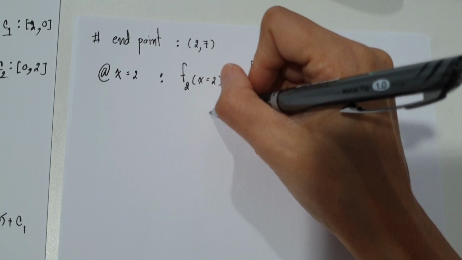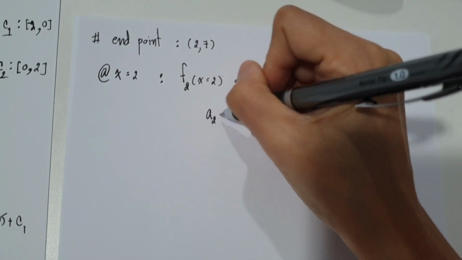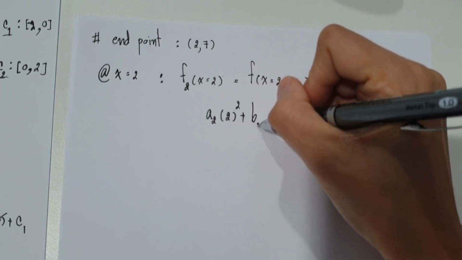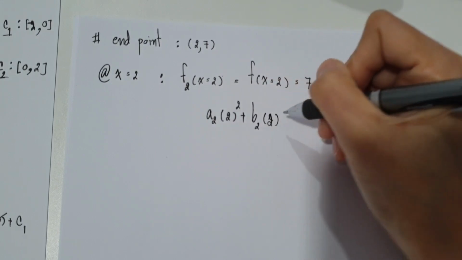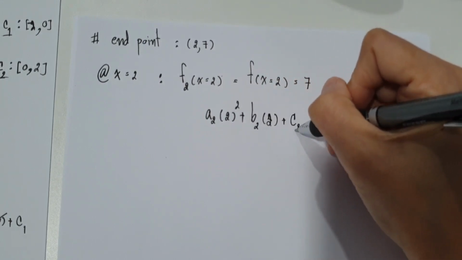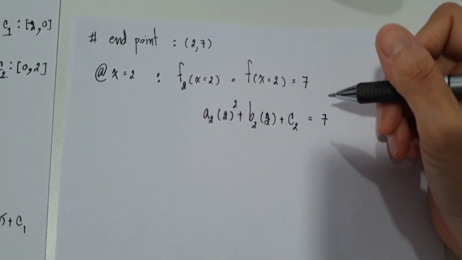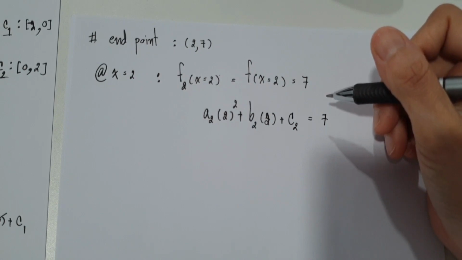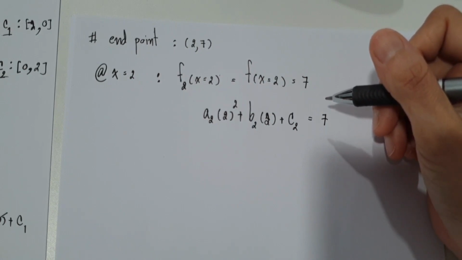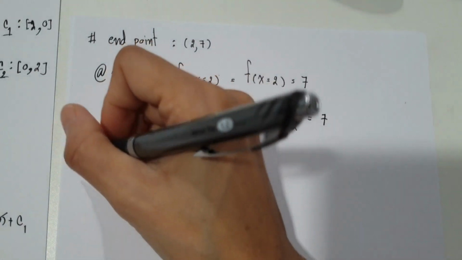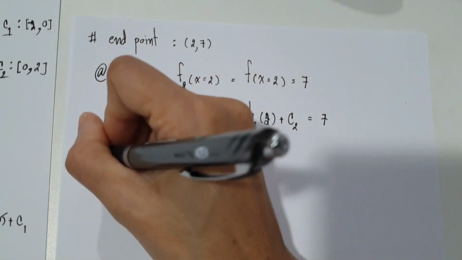So from here, a2x squared plus b2x plus c2 equal to 7. This is another equation that we can create.